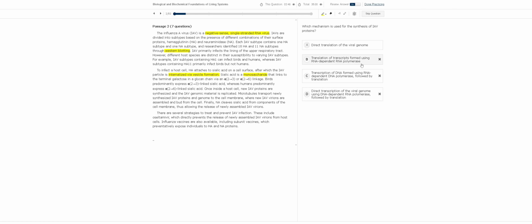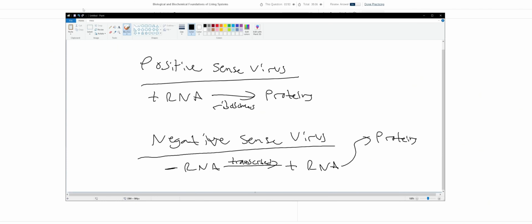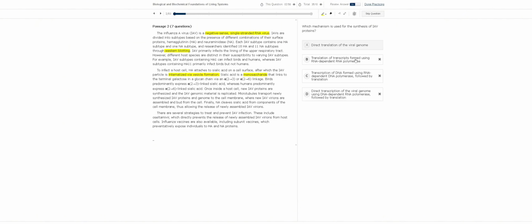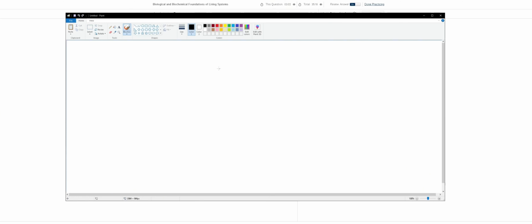Then let's go to our other choice right here. B. Translation of transcripts formed using RNA-dependent RNA polymerase. What they're saying is, if you look back, RNA-dependent RNA polymerase, so they're just changing the type of RNA that's used. It lines up with the negative sense.